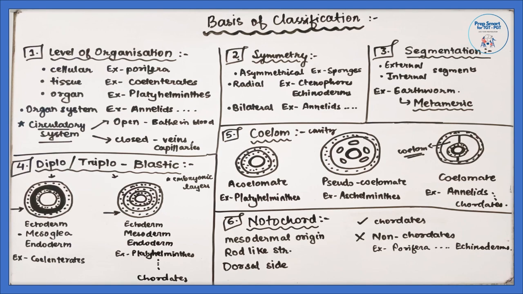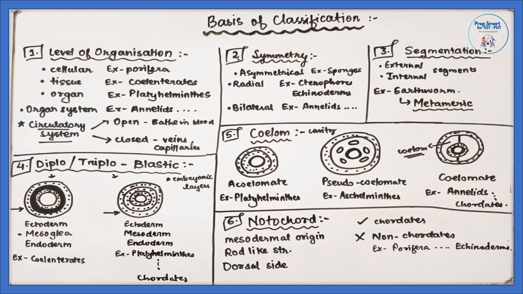The fourth basis of classification is germ layers, diploblastic or triploblastic. Germ layers are the groups of cells behaving as a unit during the early stage of embryonic development. On the basis of the number of germ layers, animals are placed in two groups, diploblastic and triploblastic.